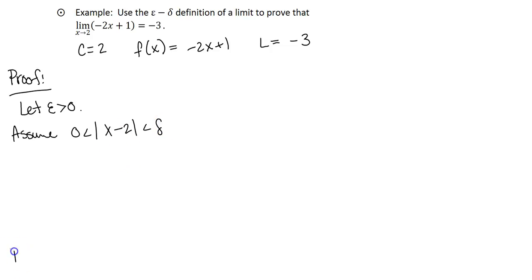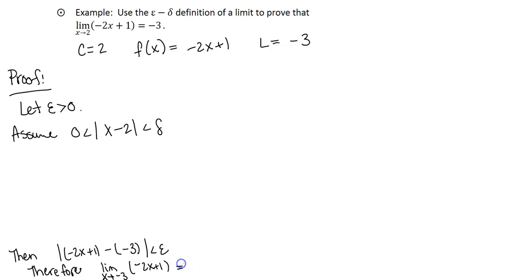And I'm going to get down to the fact that the absolute value of f of x minus L has to be less than epsilon, so I can say, by the definition, the limit as x approaches 2 of negative 2x plus 1 is equal to negative 3.